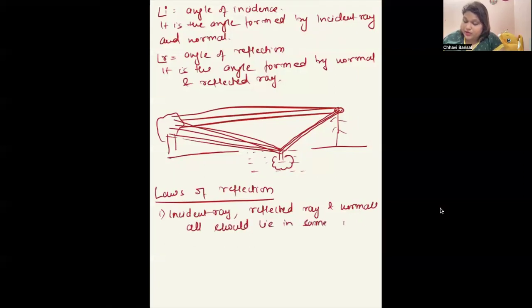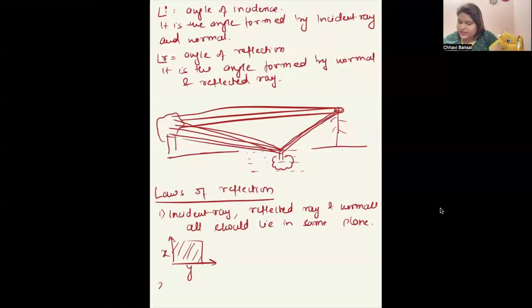What does this mean? What is a plane? A plane is a 2D structure. For example, x-axis, y-axis, whatever x and y form, it's a plane. There is no involvement of the z-axis. Means wherever the light is coming, incident, and wherever the light is getting reflected, it should be in the same plane. It should not go to a third plane.